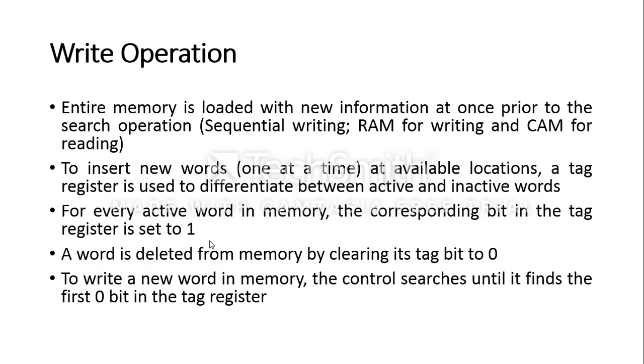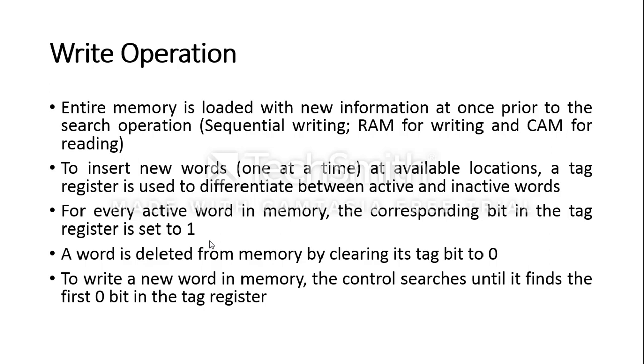For each memory word available in the given associative memory, there is 1 bit available in the tag register. So if you have m words in the associative memory, there should be m bits in the tag register. The possible values for the tag bits are 0 or 1.